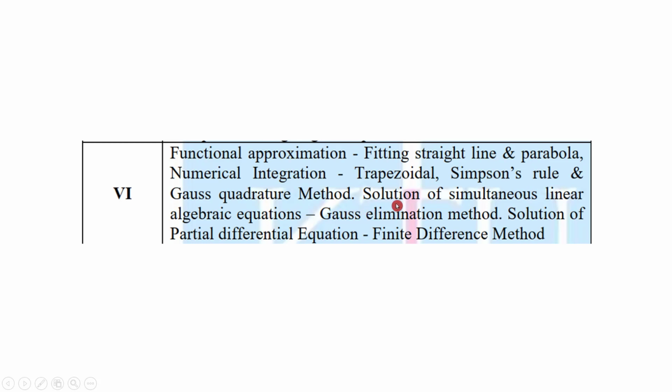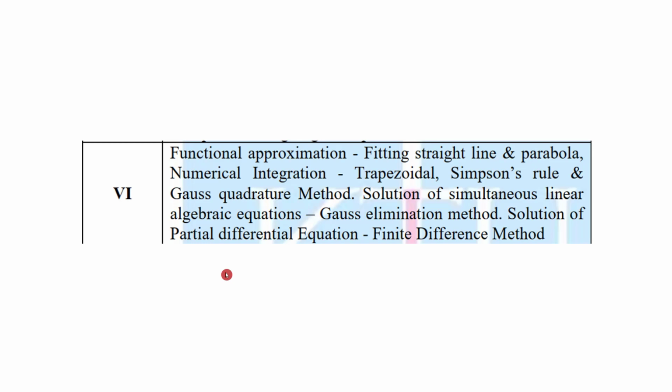After that, we have the solution of simultaneous linear algebraic equations. Then the Gauss elimination method and the solution of partial differential equations. Then the last topic is the finite difference method.